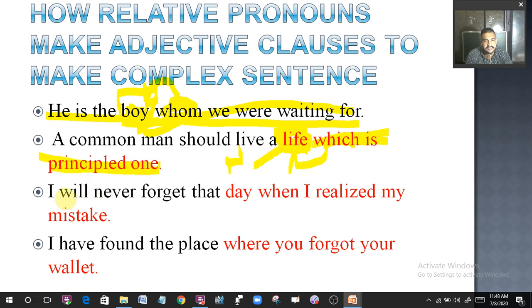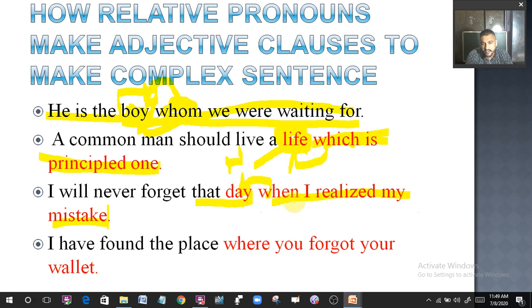Next is: I will never forget that day when I realized my mistake. So this when I realized my mistake is describing that particular day.